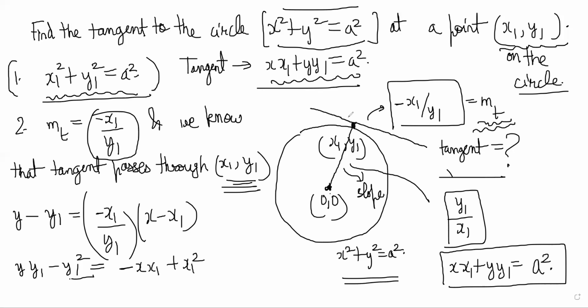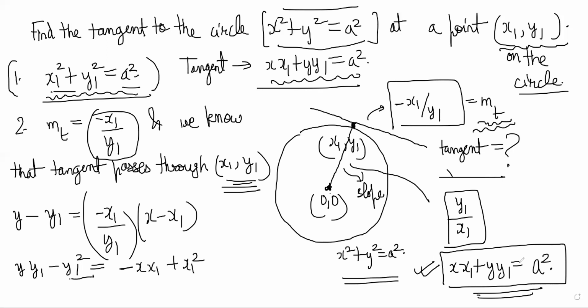Once you know the slope of the tangent, you also know a point through which the tangent passes, which is (x1, y1). Therefore, we can write y minus y1 in point slope form. At the end, we get the equation x x1 plus y y1 is equal to x1 square plus y1 square. Then we realize that x1 square plus y1 square is equal to a square, so the equation can be simplified and written like this.